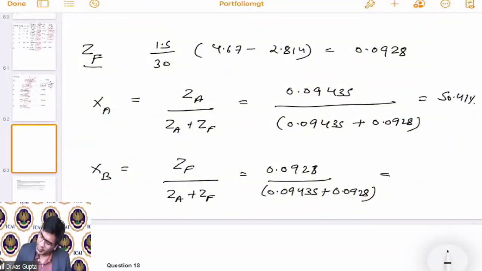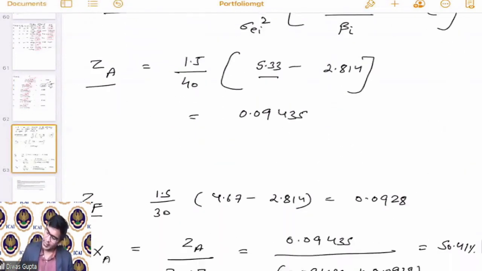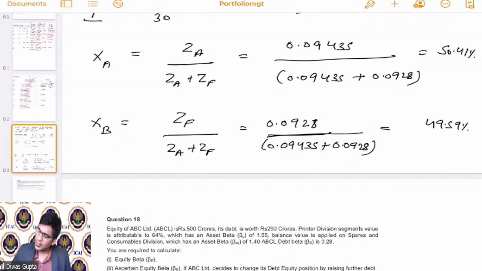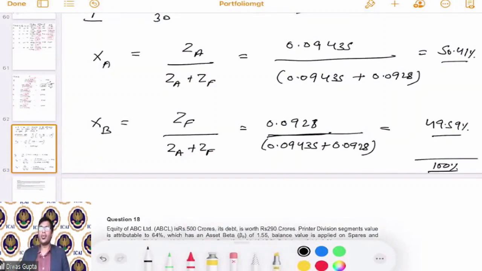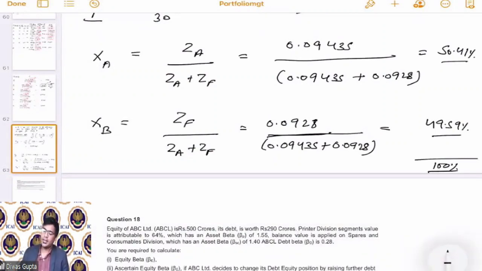This comes out to be 49.59%. Now finally, these are the two percentages which add to 100 percent, which is what we have to invest in securities.